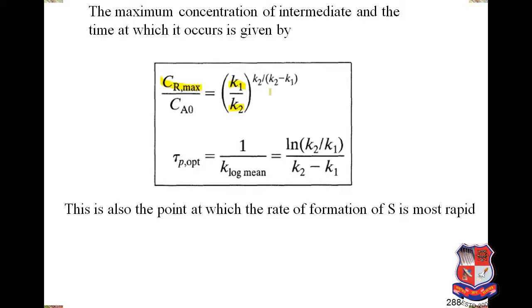So just the rate constant values will decide how this concentration profile is going to change, and the optimum time at which we get the maximum CR can be given by 1 upon (K2 minus K1) multiplied by the log mean, ln of K2 by K1. Again, this is interesting, you just try to derive it and learn how we can get it. So this is also the point at which the rate of formation of S is most rapid.